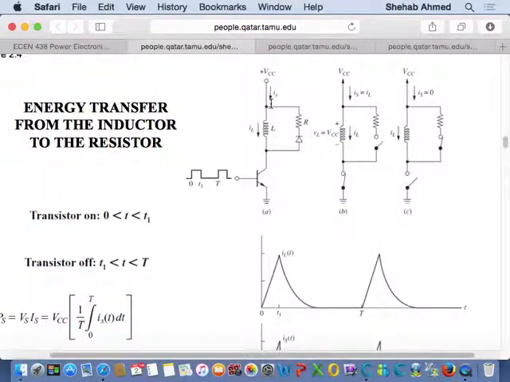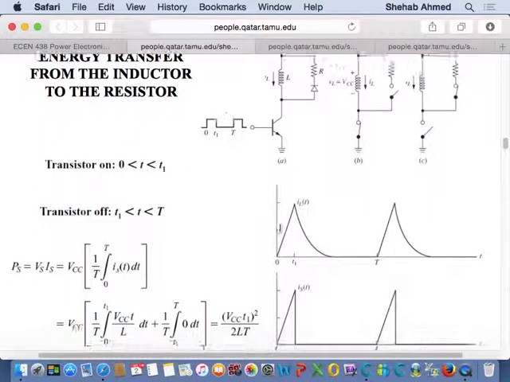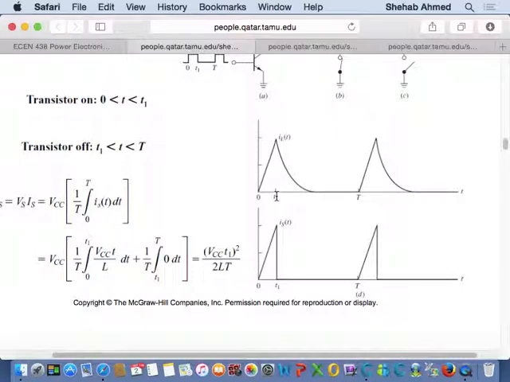Because after T1, I have disconnected this switch, so no current is coming from my source anymore. Remember, current is initially coming from the source through the inductor, going back. And then when you open the switch, current in the inductor will dissipate through the resistor. So there's no source current from T1 to T2, for example. It's only from 0 to T1 that there is source current.